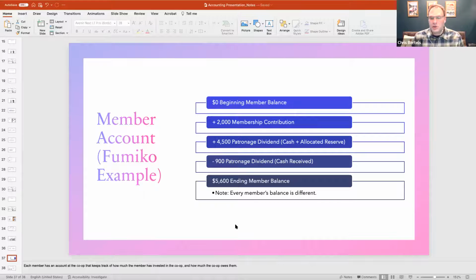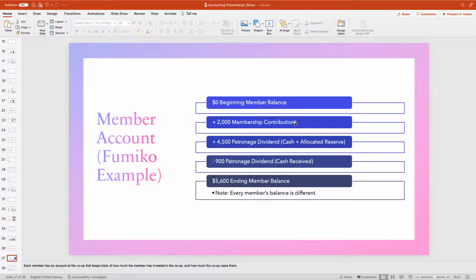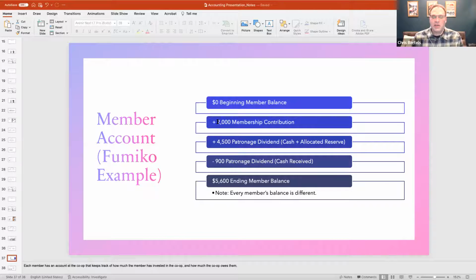I think it's partially correct. So in this instance, if she gets 5,600, she's actually going to pay zero tax, because as far as the 2,000, she's just getting her money back. Since she paid $2,000 in, she's just getting the $2,000 back, so there's no surplus.